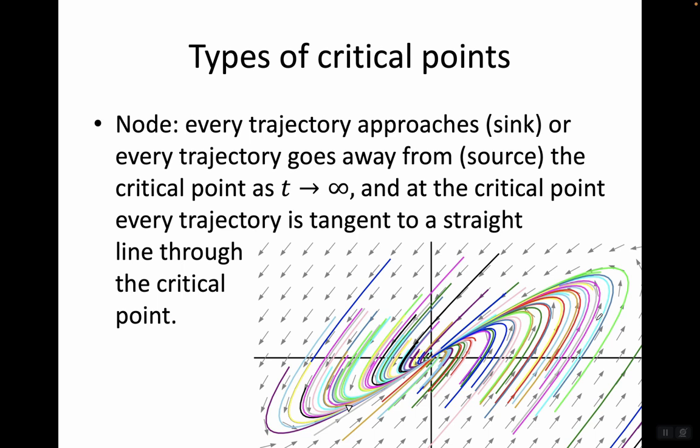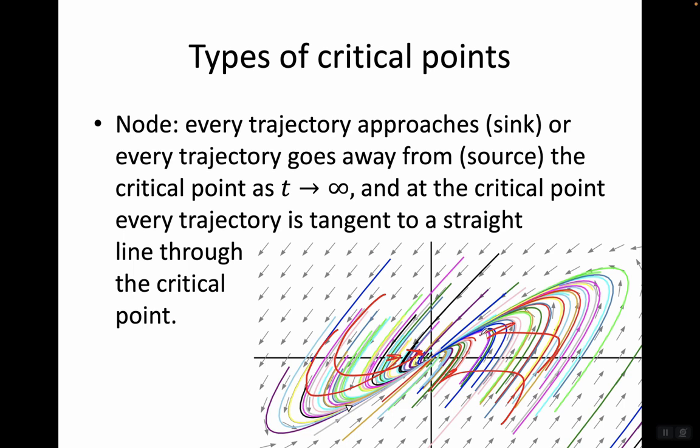The other kind of critical point is a node. This is a little tricky. Every trajectory approaches or every trajectory goes away from the critical point as t approaches infinity. So if you look at the arrows, in this case, this node is a sink. So everything is approaching the critical point. They're not going away from it.